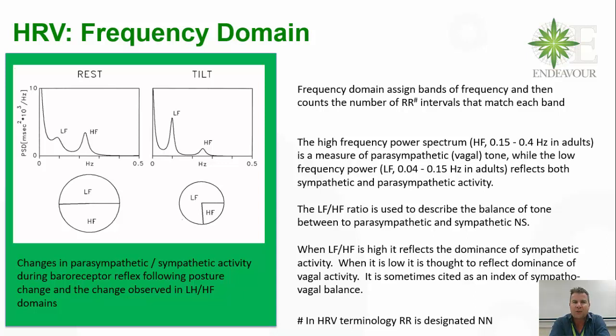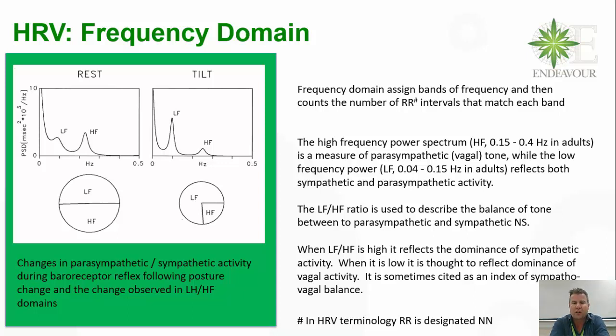So we can see that there's a dramatic increase in the low frequency domain, indicating an increase in sympathetic nerves innervating the heart to cause an increase in heart rate, and there's a drop in the proportion of high frequency domain, indicating a drop in parasympathetic activity. So that's a nice little example to explain how HRV has a frequency domain.